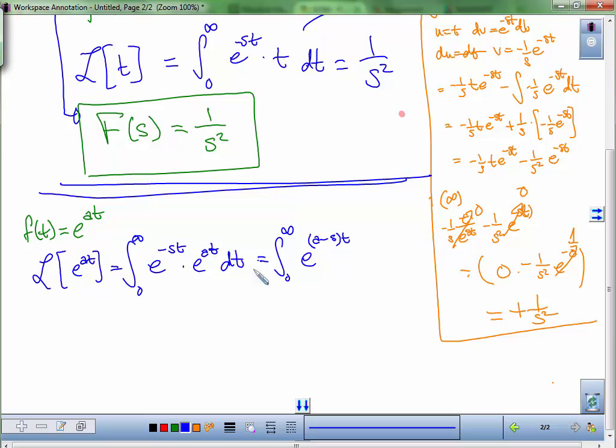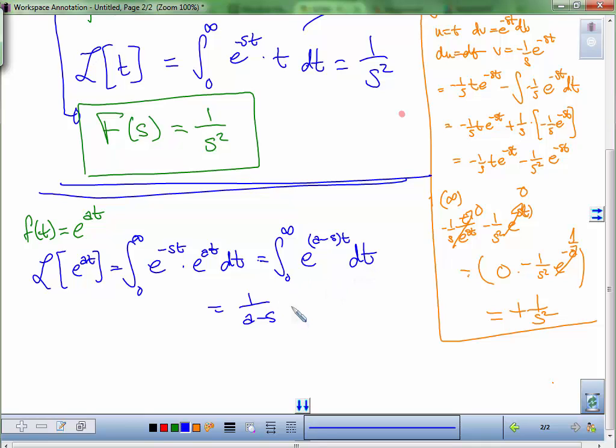All right, so we were here, and a simple U substitution, or if people can do this in their head, just like we did the e to the negative st, the negative s comes down as the denominator of a constant. So 1 over a minus s, and then that's it.